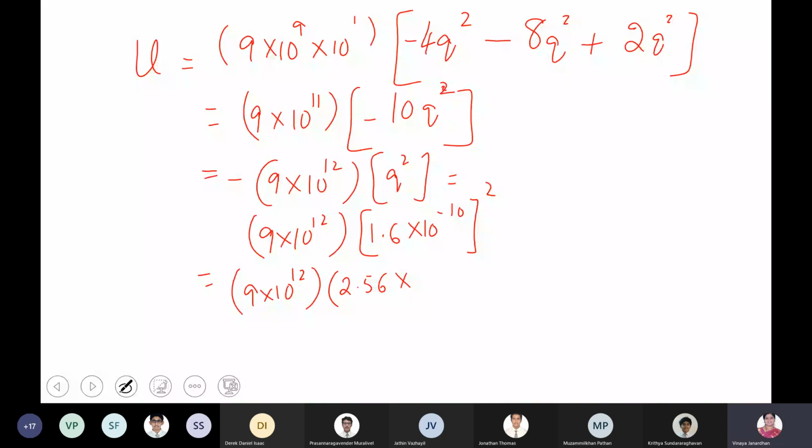So I made a mistake. Just check, is it 10? Once again, check in the first step. Correct. For me, I'm getting 10 to the power of minus 10.